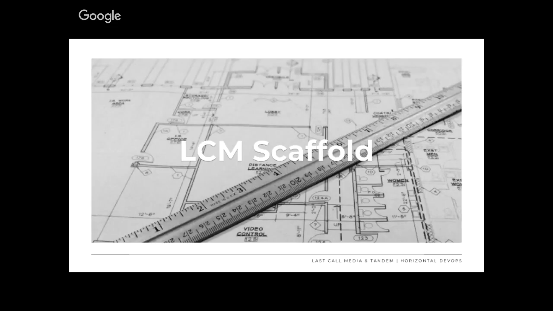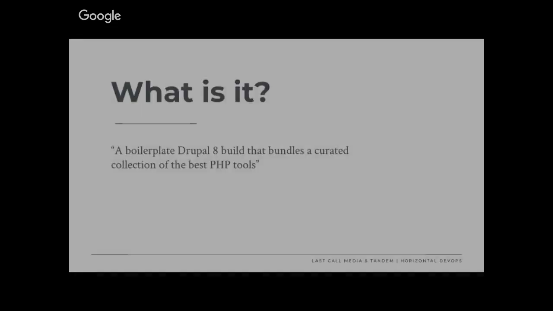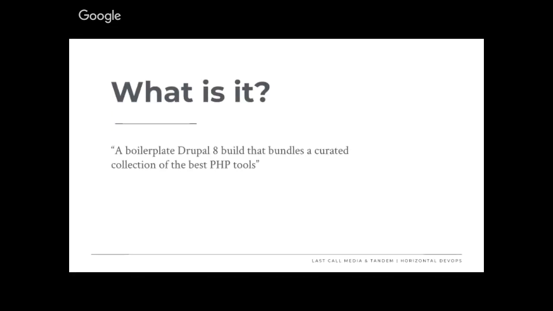On the Last Call Media side, we went another direction with it to sort of bring feature parity across all our projects. We ended up implementing kind of like a scaffold repo, which is basically just a bare install of Drupal 8. This would be for any of our Drupal 8 projects. And this is where we start from.